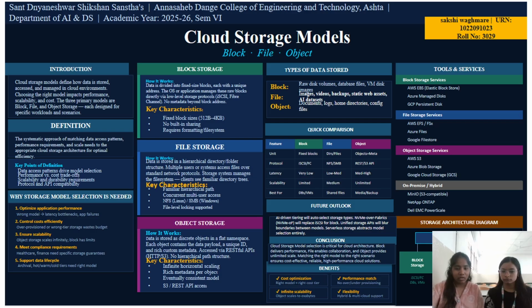And there is intelligent tiering: data you have not accessed in 30 days gets automatically moved to the cheaper infrequent access storage. The cost of the model is more than block, but it can be economical at scale.